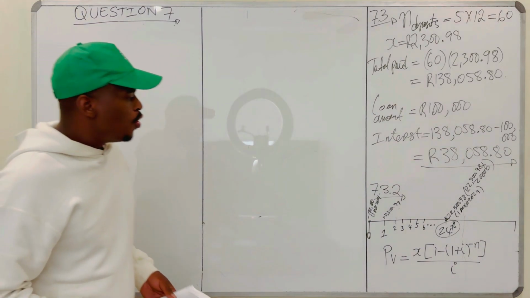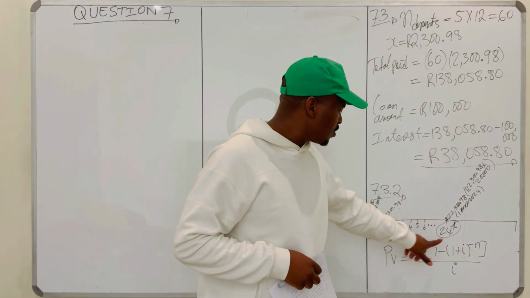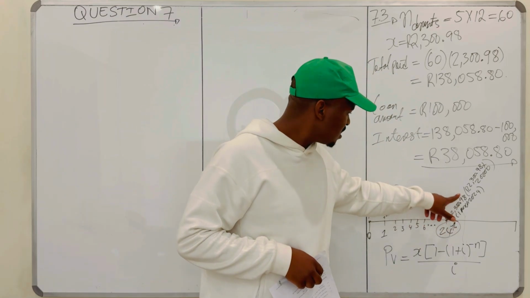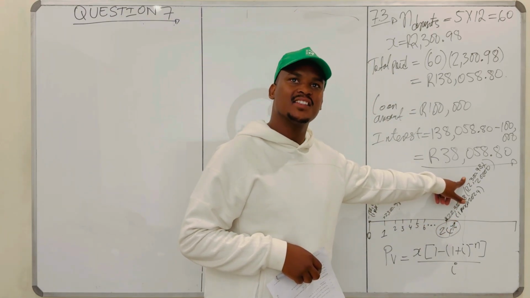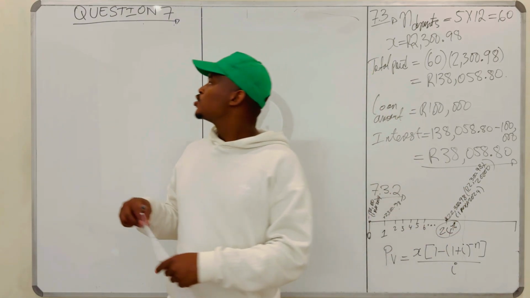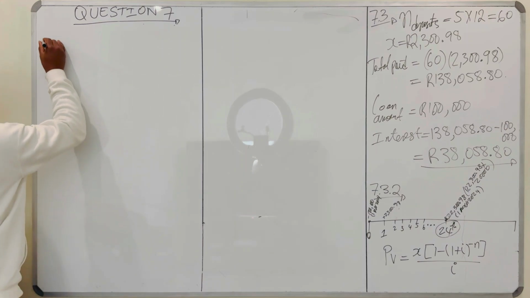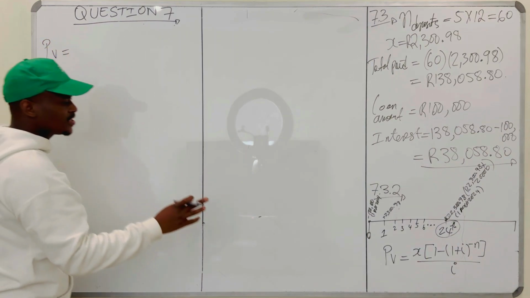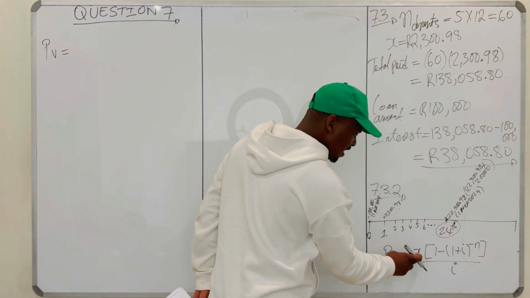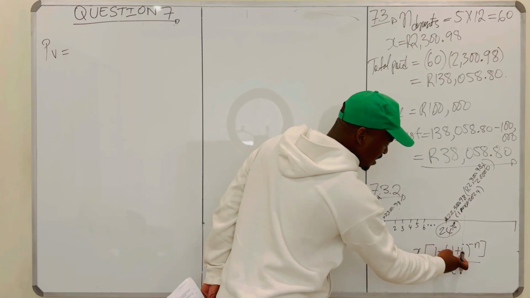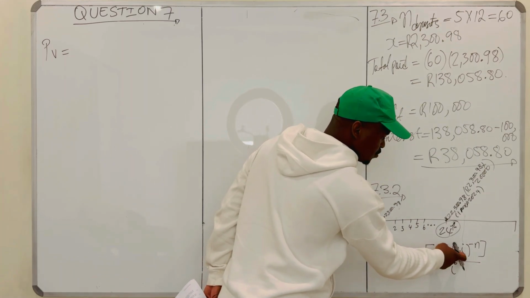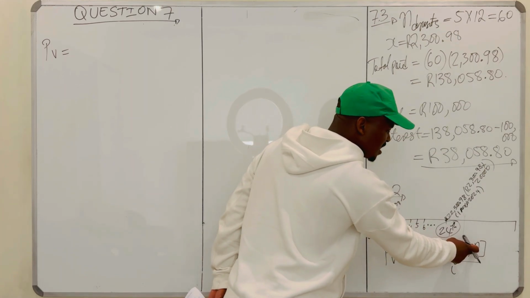So what we want is the balance of the loan after his 24th deposit of 2,300 rands 98 cents. The present value is equal to x, where x is the monthly repayment, i is the interest rate we're charged, and n is the number of outstanding payments.